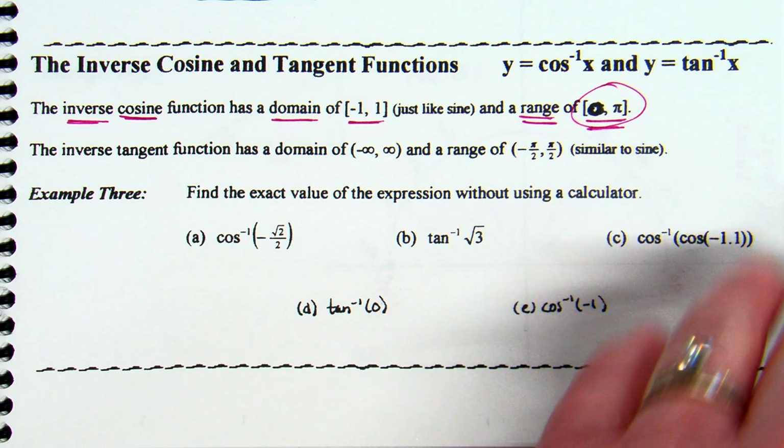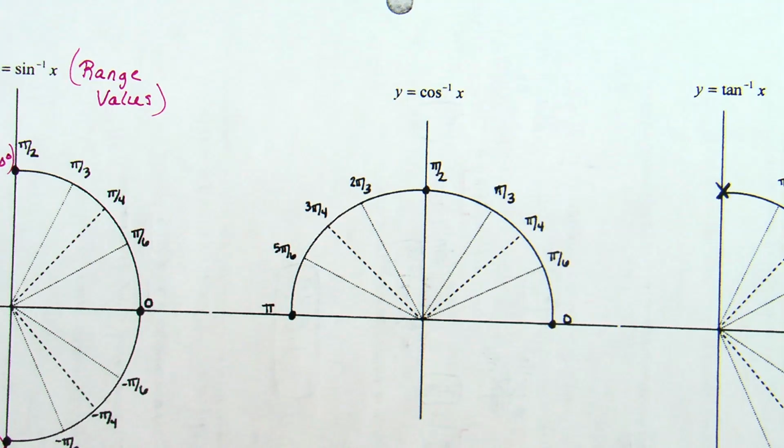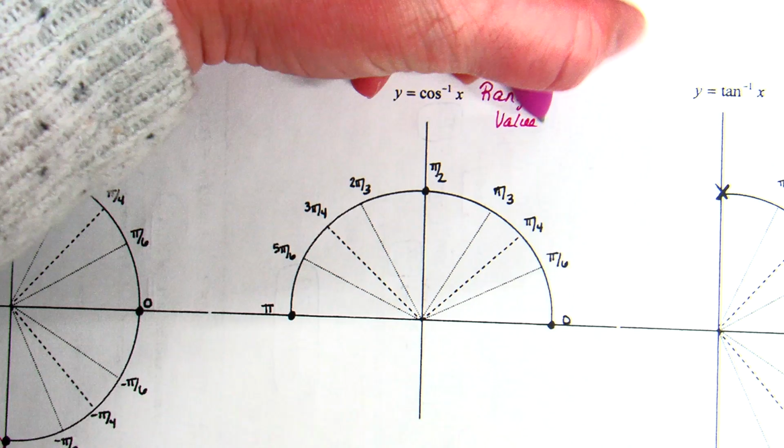Okay, 0 to 180 degrees, which is what part of the unit circle? The top half. So if I flip my paper for a moment, remember we had these 3 half circles on the back, right? And as we look at these 3 half circles, remember these are the range values. So I'll write this in to remind you, but these are our range values.